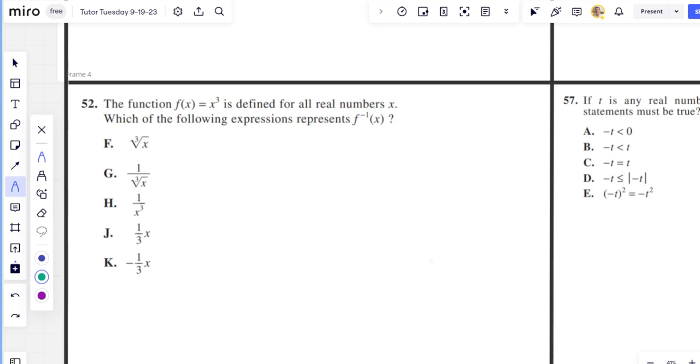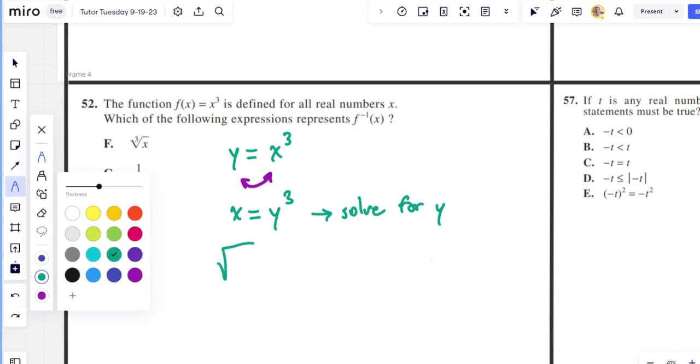First, the main method I use for solving. If we have an equation like y equals x cubed, a real easy way to find the inverse function is to flip the positions of the variables. So instead here you could get x equals y cubed. And then you solve back for y. If I solve for y here, I'm going to take the cube root of both sides.